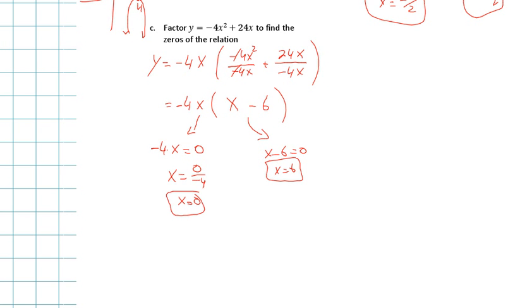So if there's only one bracket, it's always 0? If you have an x outside, right? You can imagine this as being written like this. Right? But I don't have to write that 0. Yeah? This is the same thing as negative 4x times x minus 6. They're exactly the same thing.